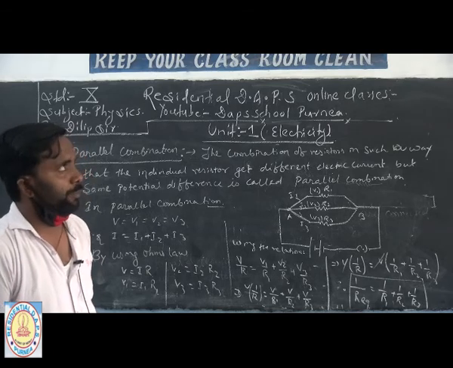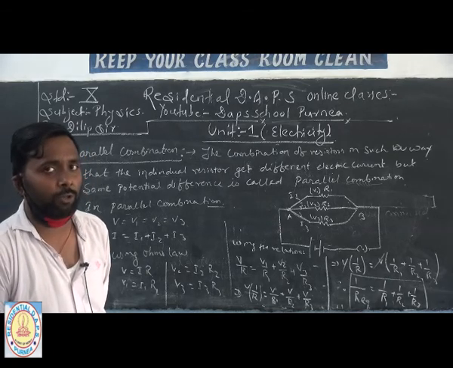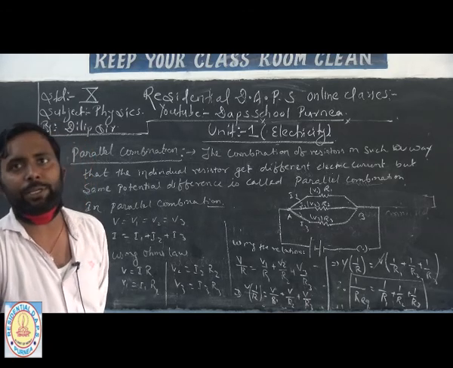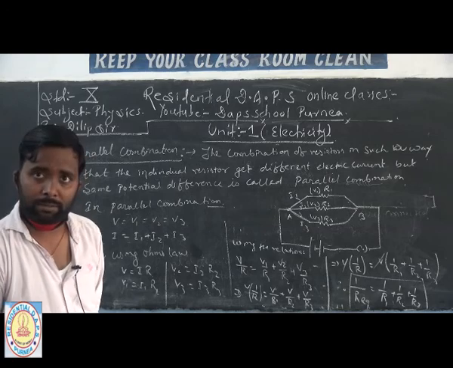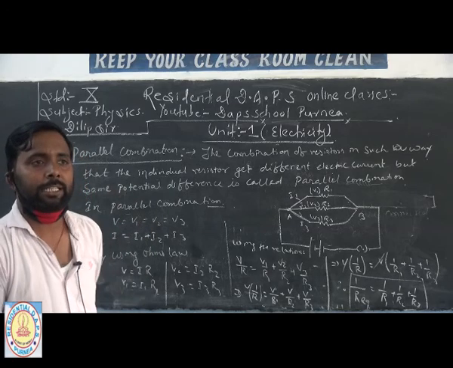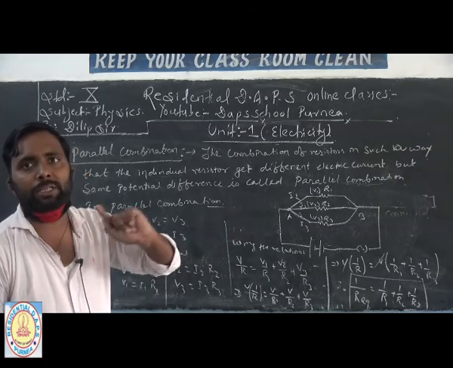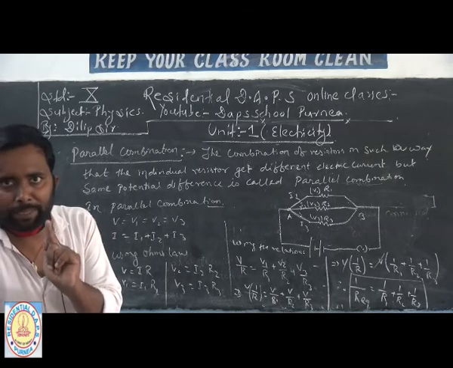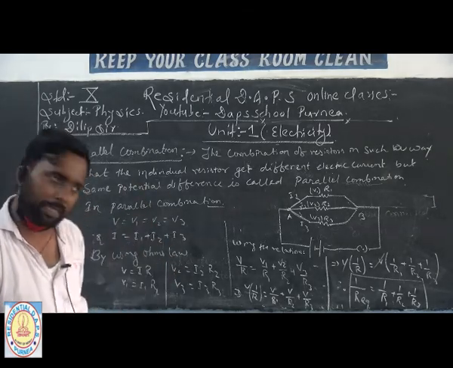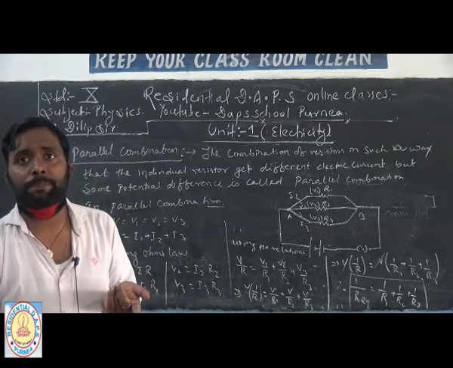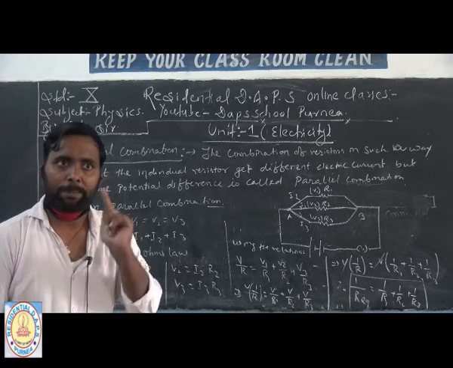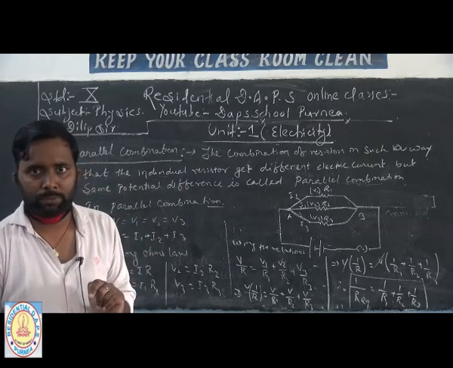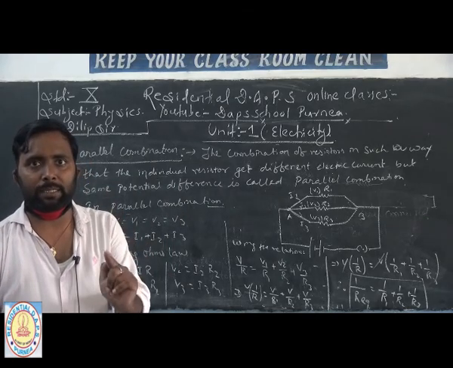For domestic purposes, we want to operate fan, bulbs, TVs, fridge, washing machines, heaters, geysers separately, from time to time. But if we arrange them all in series, then if we switch on, all will start working together. This is the disadvantage of series combination in domestic wiring. Clear? Parallel is very suitable for domestic purposes because parallel has different separate switches. We can operate the appliances in parallel separately.